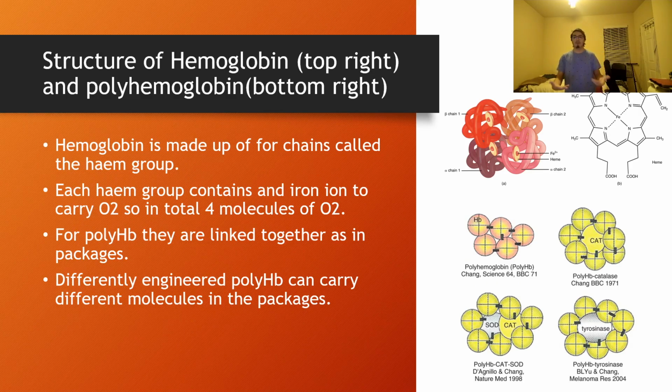So the structure of a hemoglobin, on the top right, you can see in the chemical structure, in the middle, an iron ion. The purpose of hemoglobin is that it carries oxygen, and you can see 4 chains. There are 4 heme groups, the chains, and every hemoglobin carries 4 oxygen, since every chain has an iron atom.